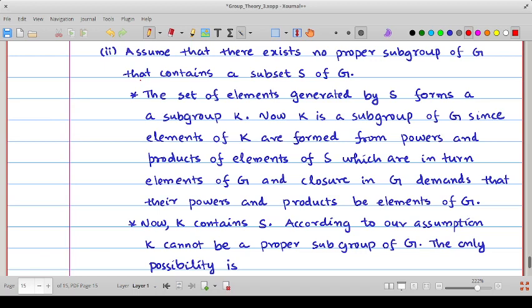The only remaining possibility is that the group generated by S is in fact the group G itself. So this proves that if there exists no proper subgroup of G that contains a subset S of G, then the subset S generates the group. Therefore, it forms a system of generators.